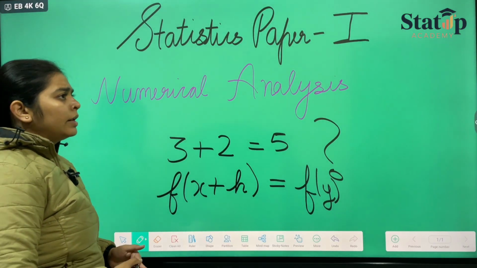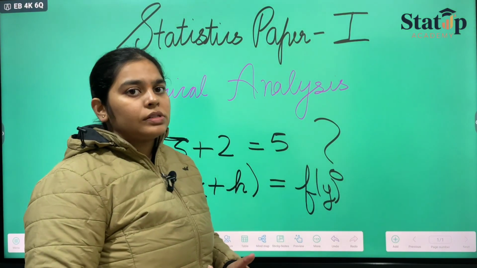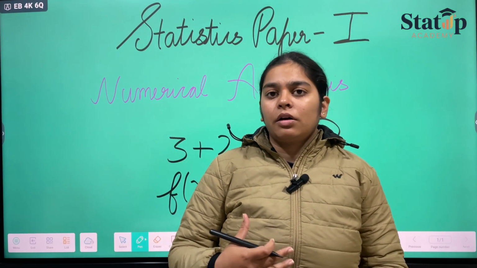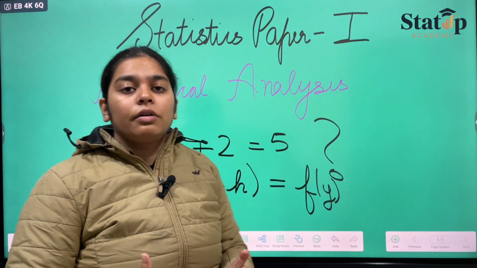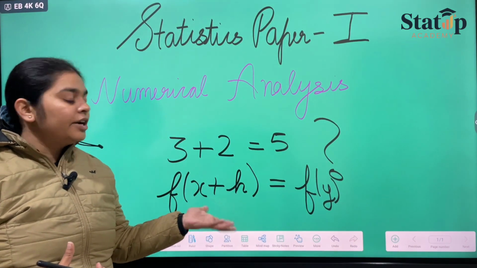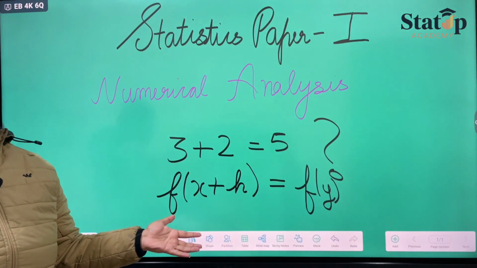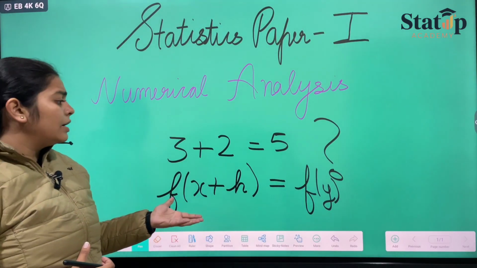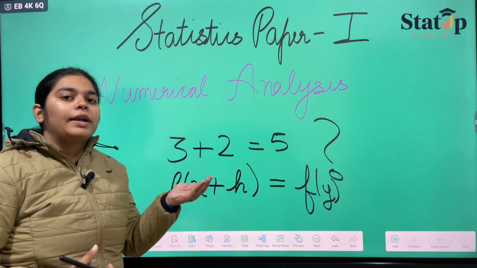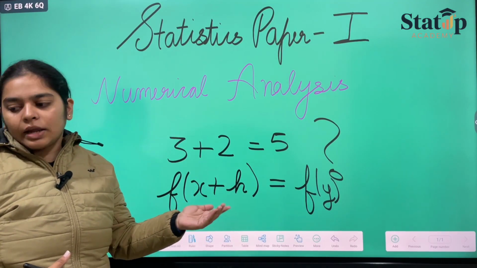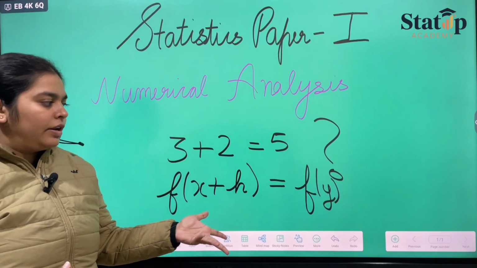So it can be defined as the changes that we see in a function, the finite changes, or we can say the value of a function changes due to finite changes in an independent variable.